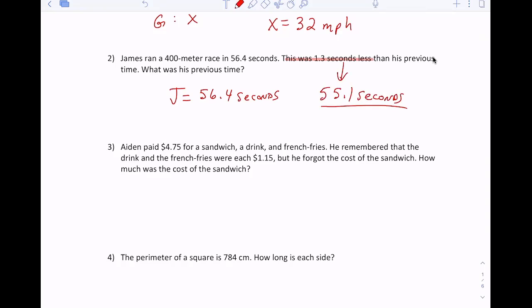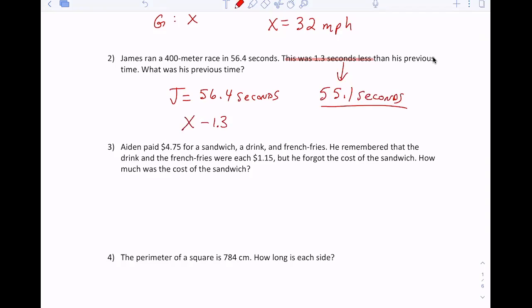We don't know what the previous time was. So I want everybody to write an X. Now, what happened to this? The previous time was what? 1.3 less. So that's when you're writing minus 1.3.